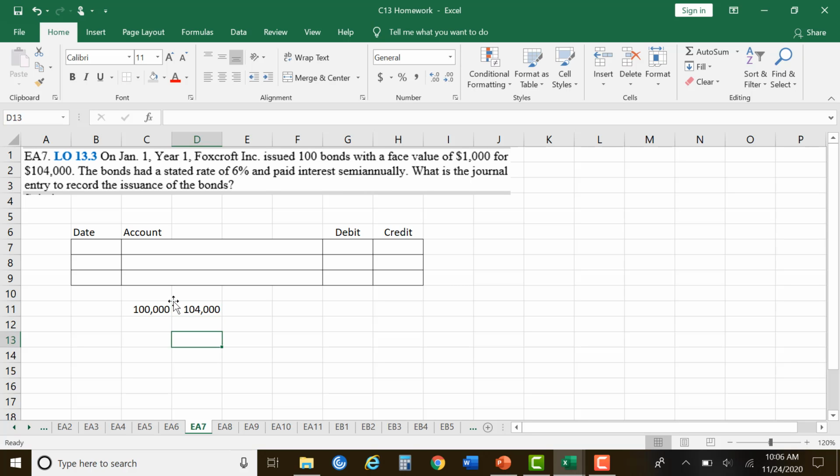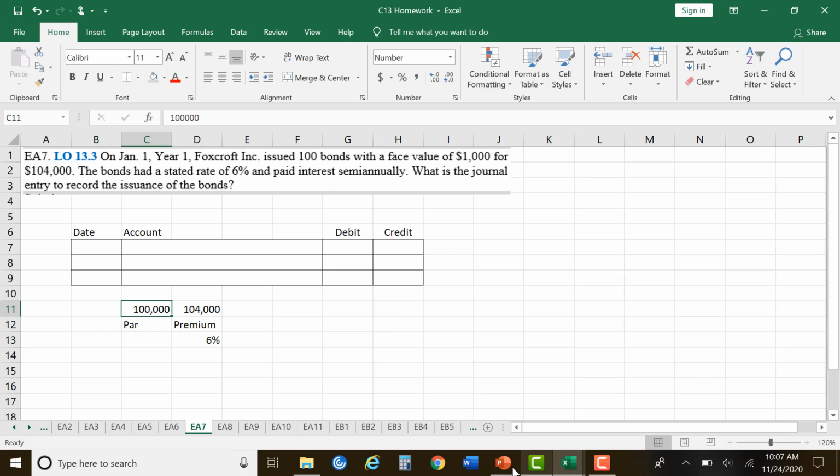They had a 6% rate, and it doesn't tell us what the market rate was, but it had to be more than what it was at par, because if it was at par, we would have sold it at 100,000. So we know we sold it at a premium. We sold it for 104,000 bonds that were only 100,000.